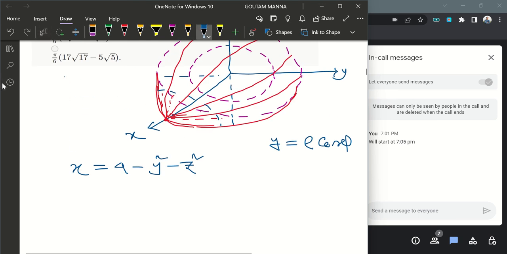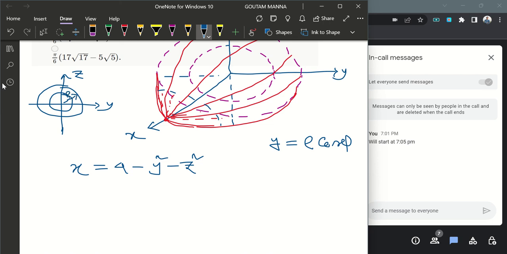Why are we doing that? It's because in this yz plane, we are inside this ring-like region, in between two circles.